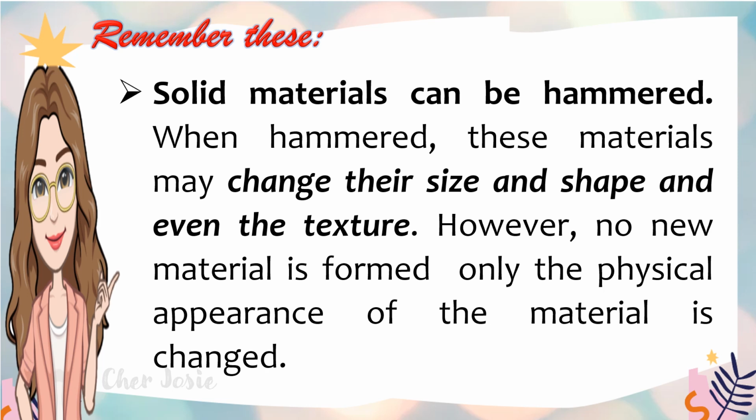Solid materials can be hammered. When hammered, these materials may change their size and shape, and even the texture. However, no new materials is formed. Only the physical appearance of the material is changed.